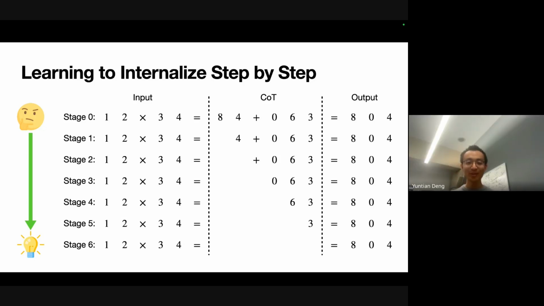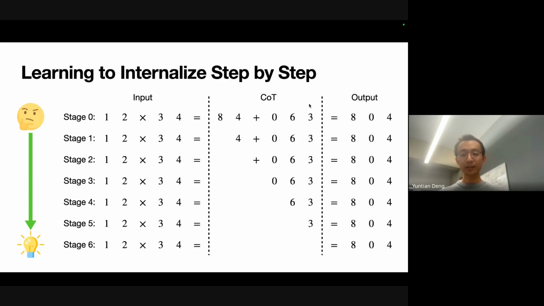That is an awesome question, and I want to answer it by first talking about the intuition behind doing that, and secondly, we actually have an ablation study of internalizing from the end. So first of all, intuitively, the reason why we are internalizing from the left-hand side of the chain-of-thought instead of from the end is that, imagine if we want to internalize the last token in the sequence, which is the 3 here.